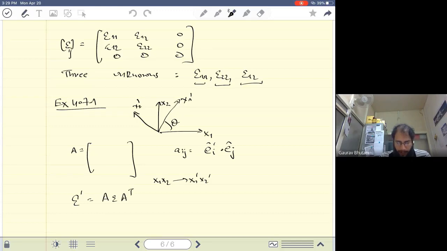You can write epsilon in terms of epsilon 1 1, epsilon 2 2, and epsilon 1 2. These are the three unknowns, and you can write epsilon prime as well, and relate them.